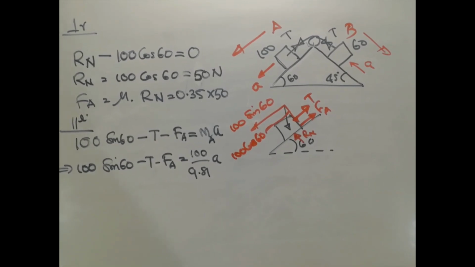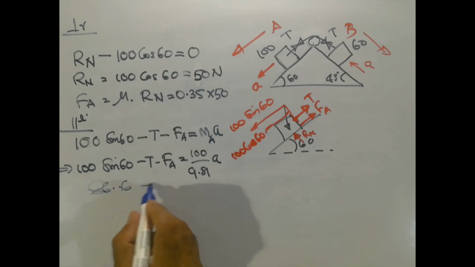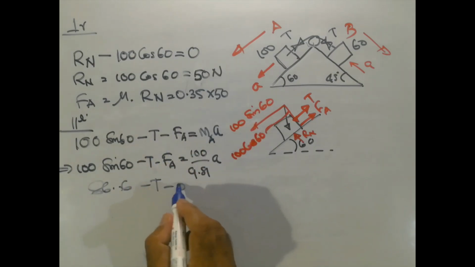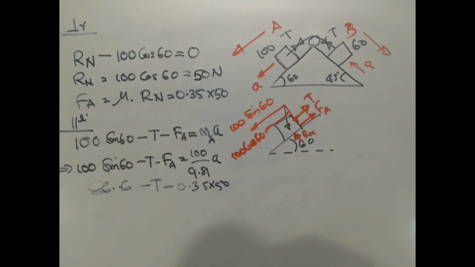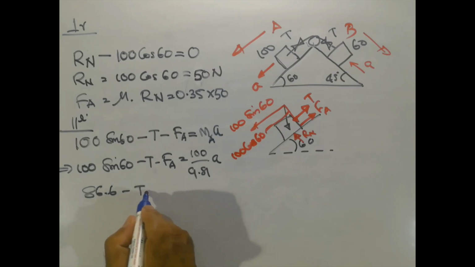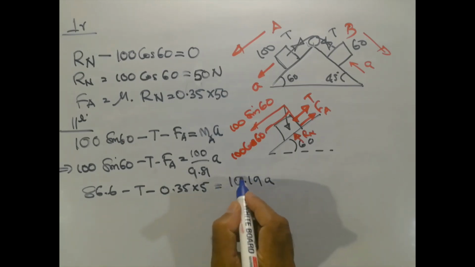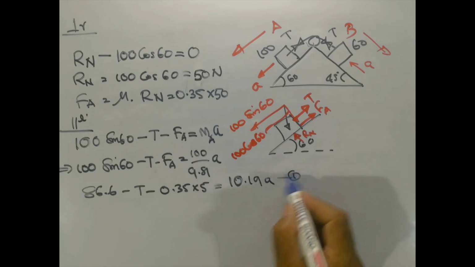So when we substitute the values, we will get 100 sine 60 equal to 86.6, approximately. So 86.6 minus T minus 0.35 into 50 equal to 100 by 9.81 into A, which is 10.19 A. So this is equation number 1.